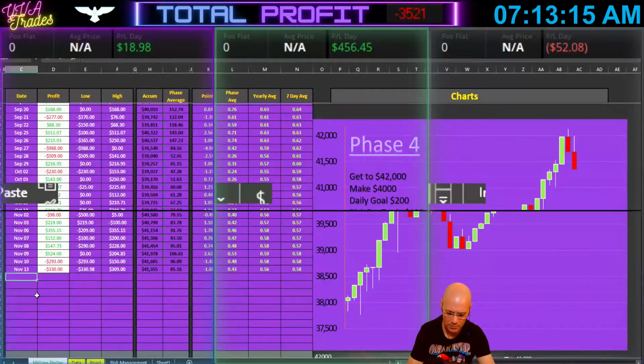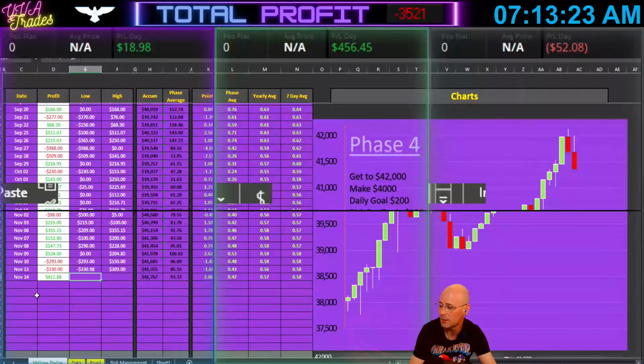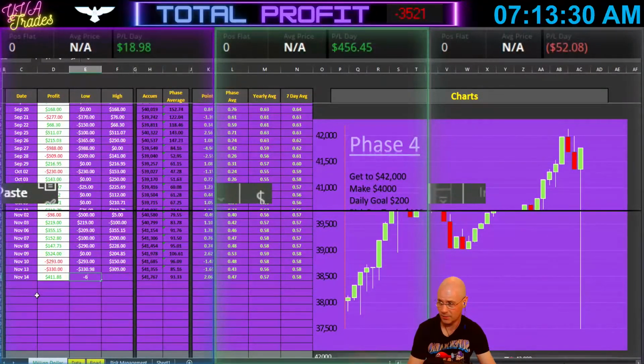November 14th. This way, tomorrow, I only need a couple hundred to get to phase 5. And my low of day, I was down negative $6. And I'm going to finish up at my high.